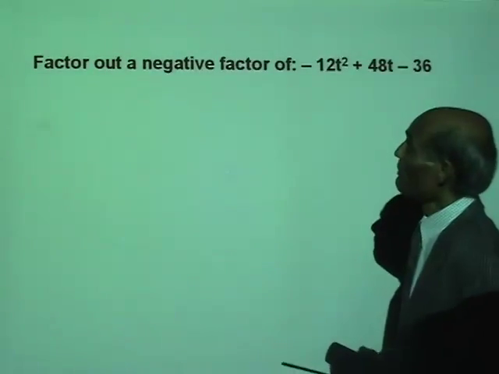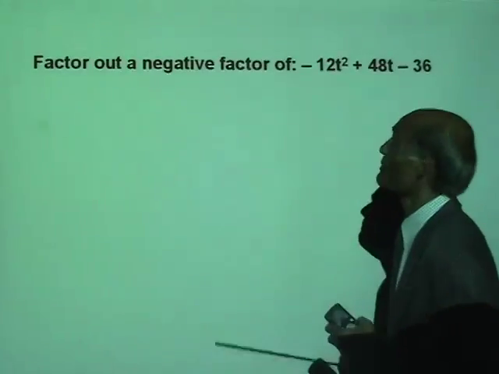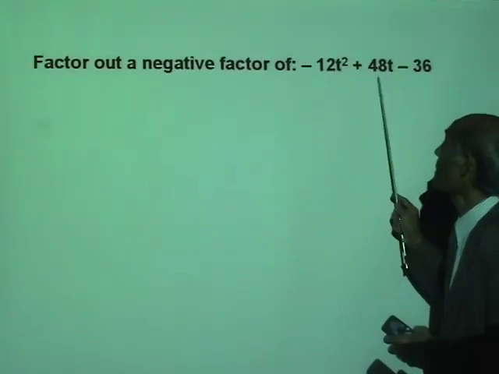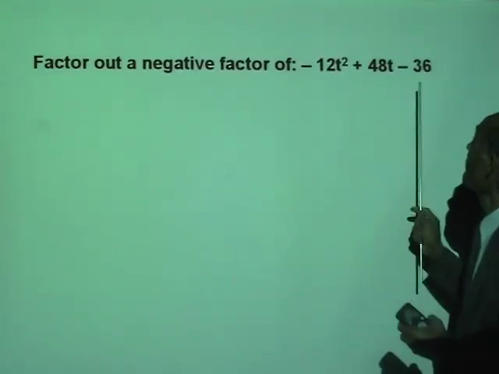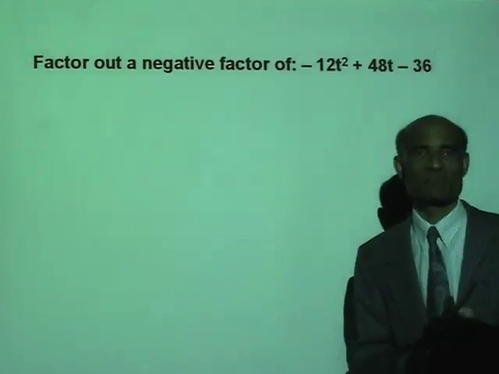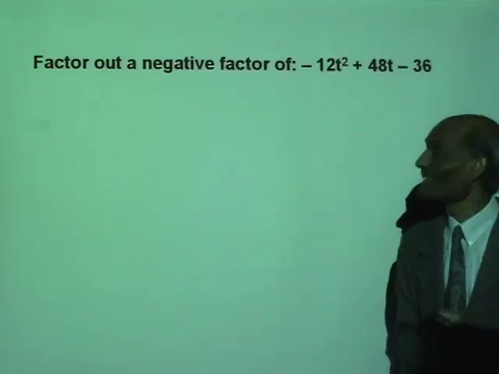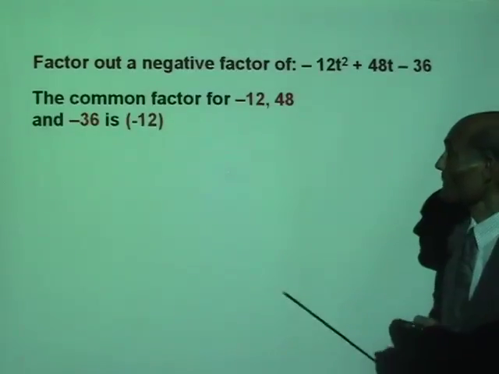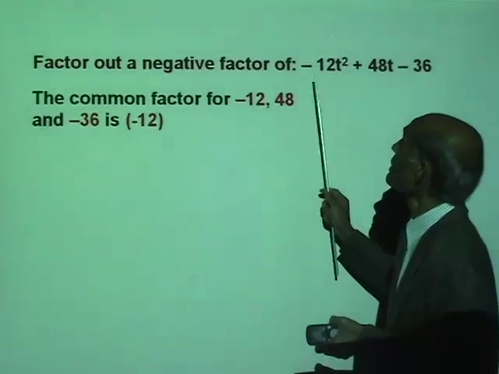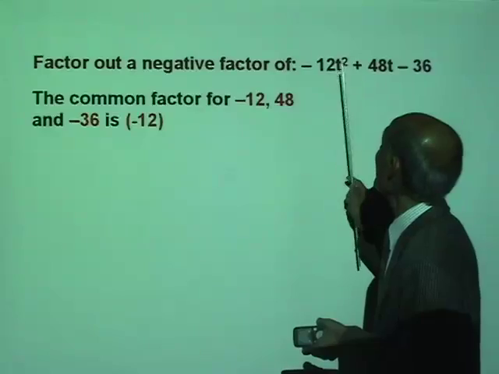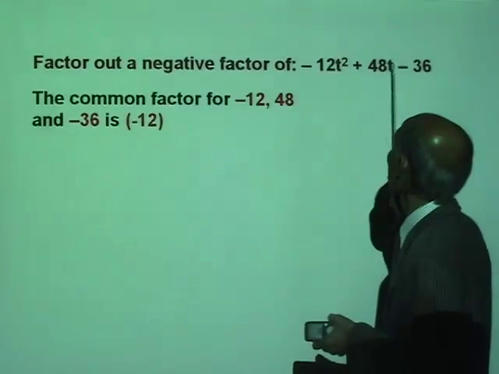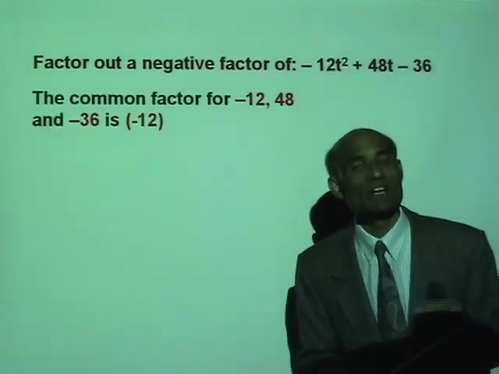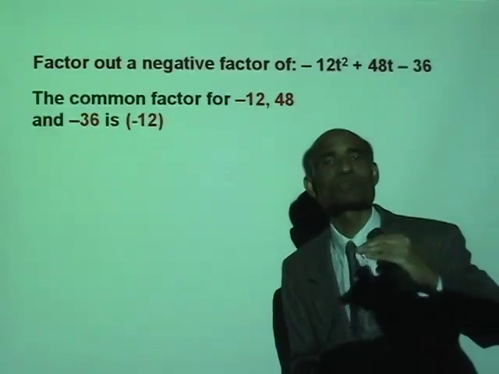Another one. Factor out a negative factor of negative 12t squared plus 48t minus 36. Alright? Can you identify a common factor there? Well, if you look at these numbers, negative 12, positive 48, and negative 36, what is the greatest common factor in those three numbers?